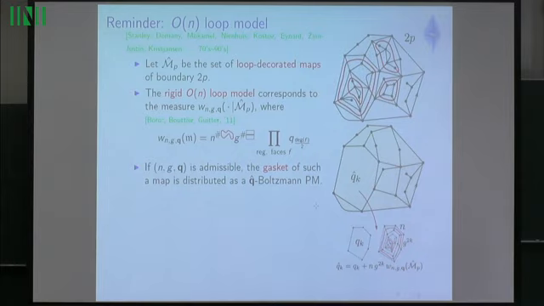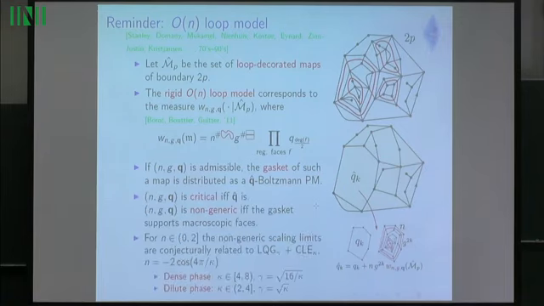Well, this bipartite planar map is distributed again as a Boltzmann planar map, but with a very particular set of weights, which I denote q hat, that are given by an explicit formula in terms of the original weights. So the O(n) loop model has several phases, and in these phases it's conjectured that they have a scaling limit in terms of LQG and CLE for particular values of gamma and kappa related to n.